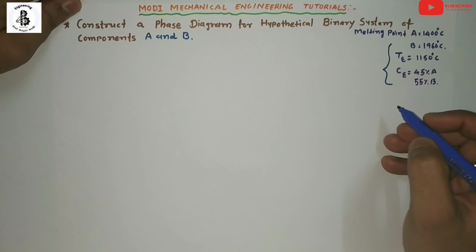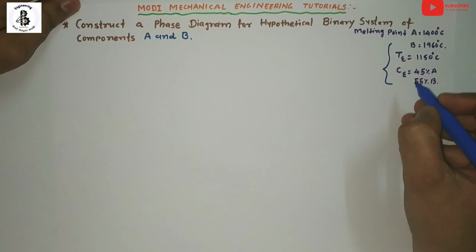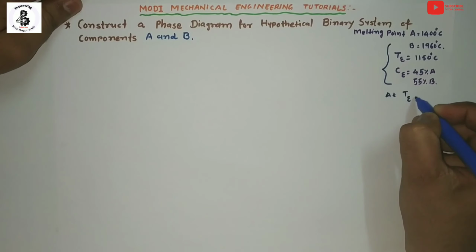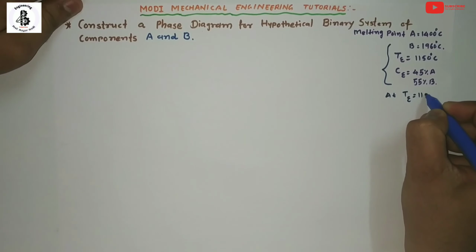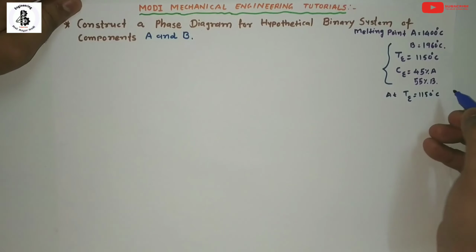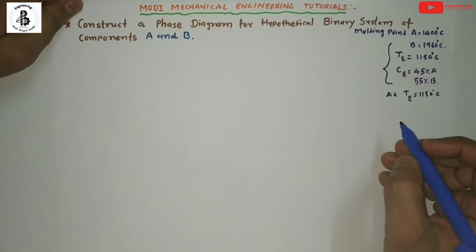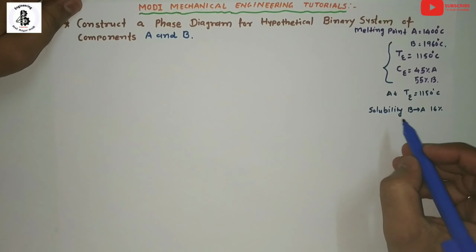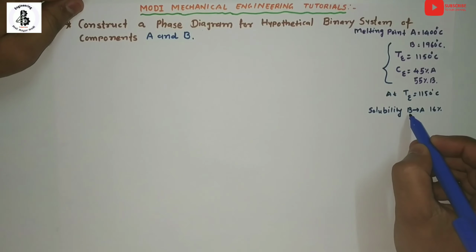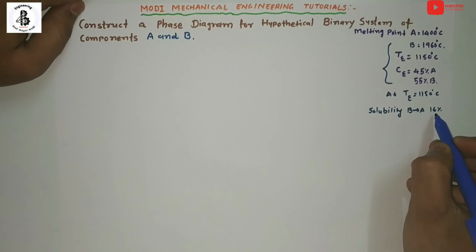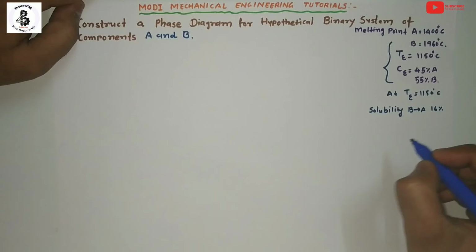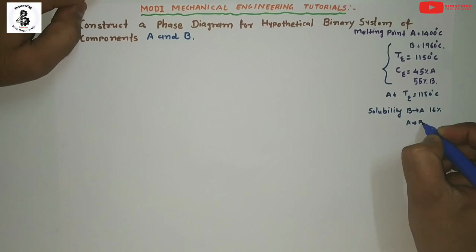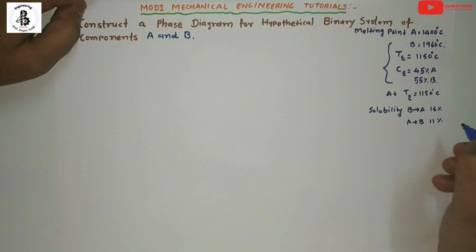At a temperature around eutectic, so at TE temperature, which is 1150 degrees centigrade, the solubility of B metal into A will be 16%, and the solubility of A into B will be 11%.